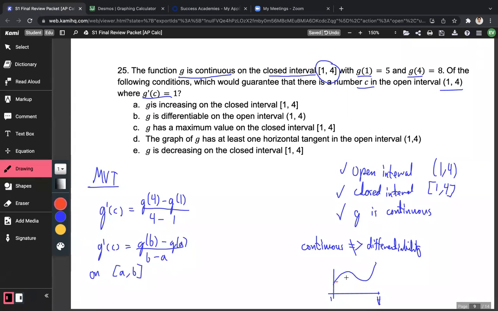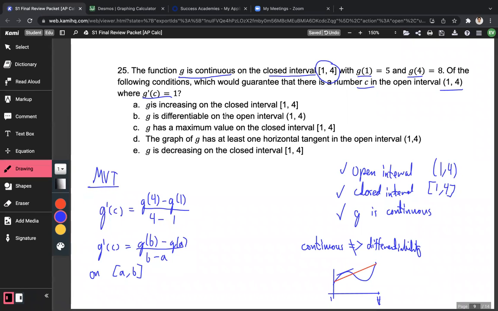Here's my average slope between the two endpoints. And somewhere along the graph, at least once, looks like in the example function I drew, it occurs here, you're going to have an instantaneous slope that matches. But we need our function to be differentiable. Otherwise, we can't do the G prime part, can't take a derivative, something is not differentiable everywhere.